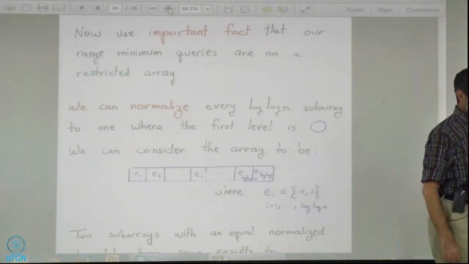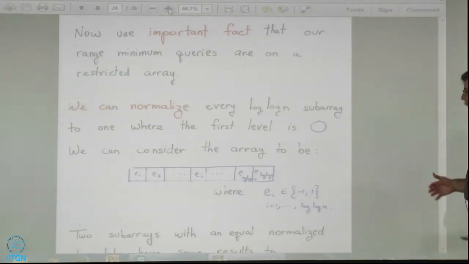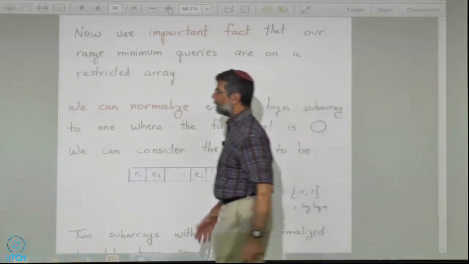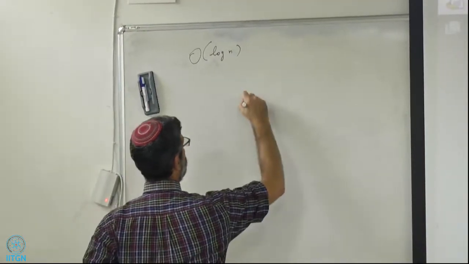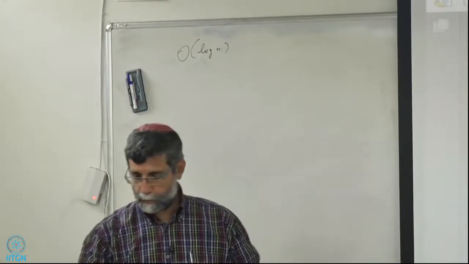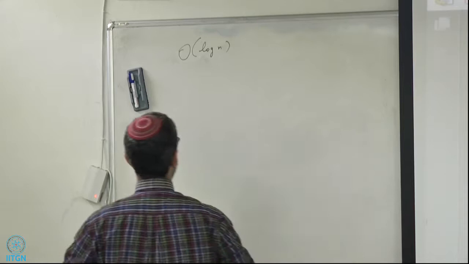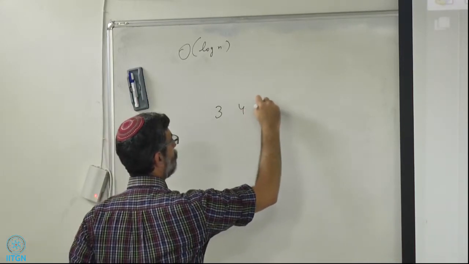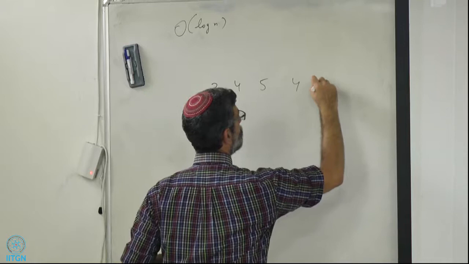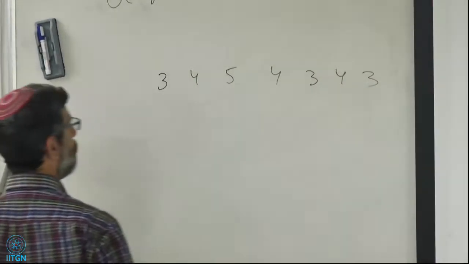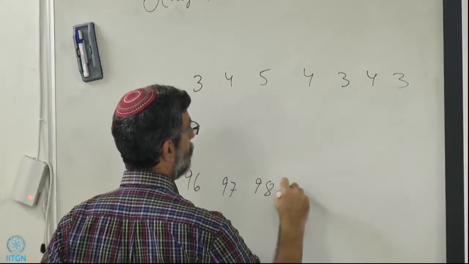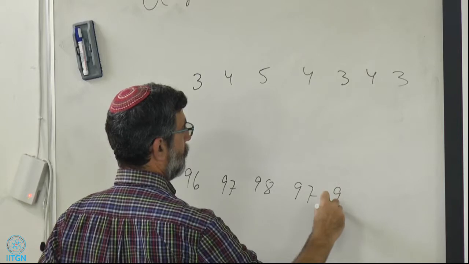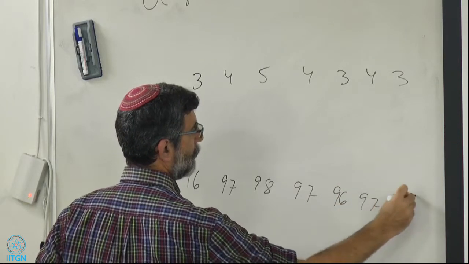Now, let me ask you the following question. Why do I say that it's a unique way of describing it? Let's say that we have the array 3, 4, 5, 4, 3, 4, 3. And then we had at some place 96, 97, 98, 97, 96, 97, 96.